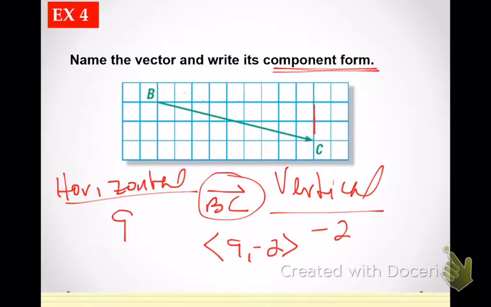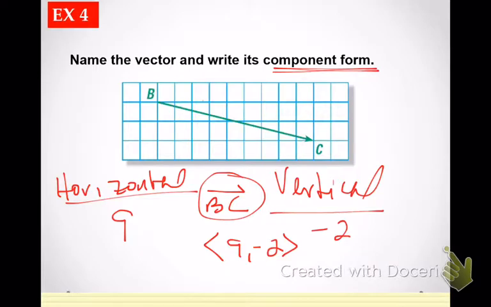Okay? Now, go back for a second. I'm going to go back a couple of examples and talk to you a little bit about the distance that the vector covers. That would be its magnitude. If I find the distance from B to C, that would be the magnitude. Well, how would we find that distance?